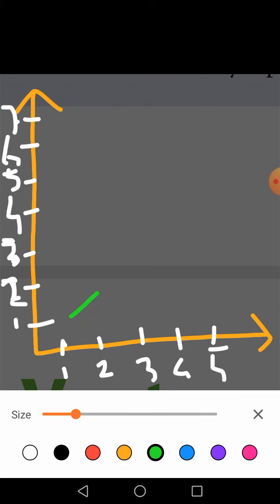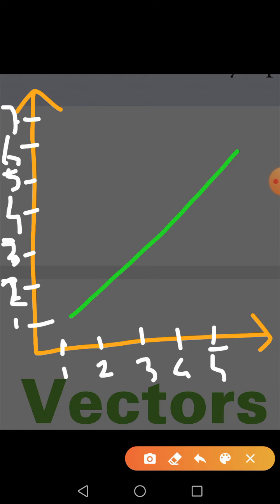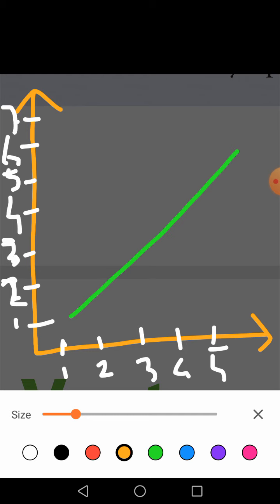So this is the line, okay, and the equation is, for example, that r is equal to a plus t into d. Okay, so this is the format of the vector equation of a line.